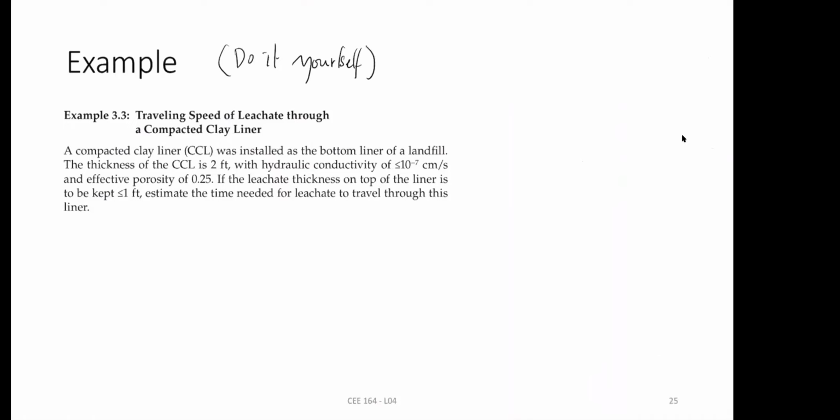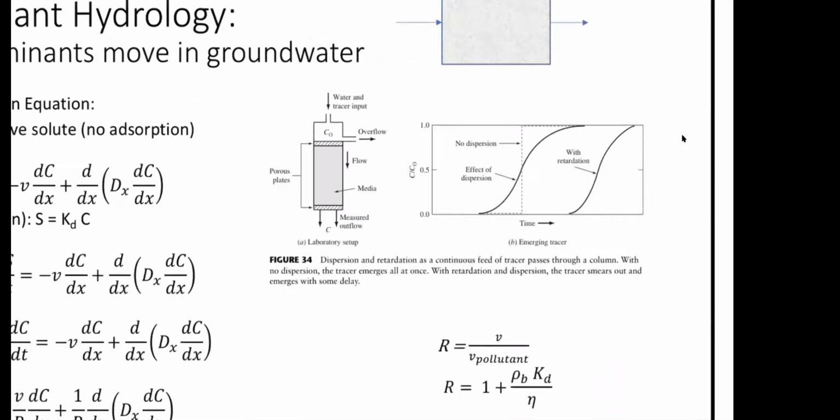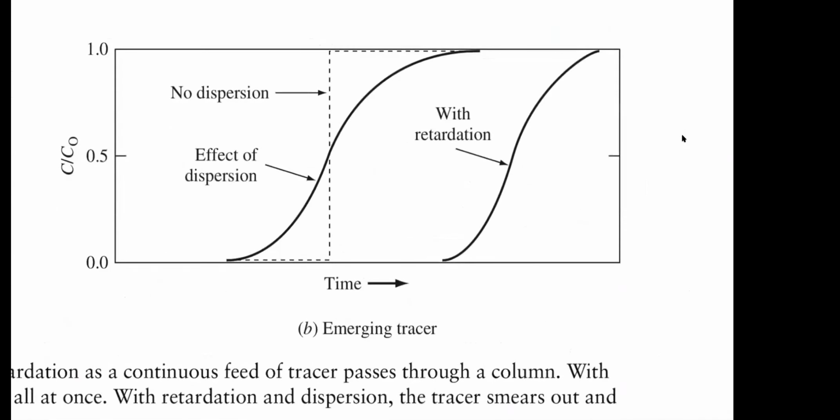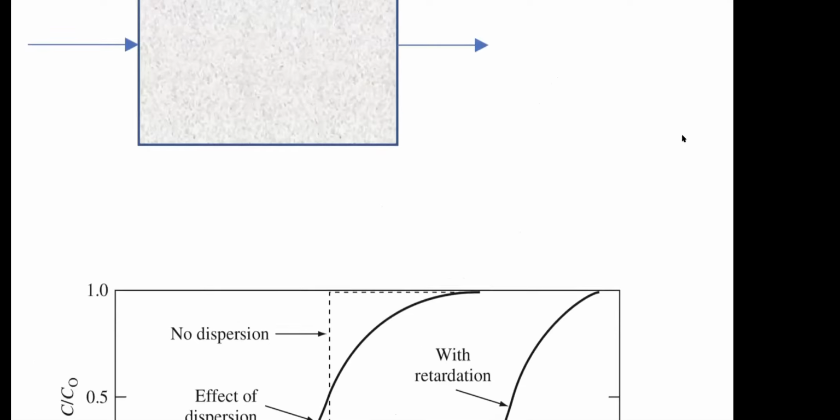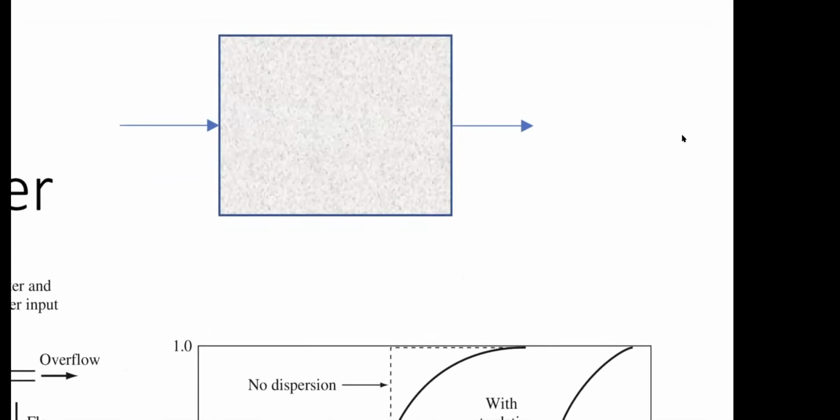The last one we are going to learn is when you account for the adsorption. So I want to show how it works. Think of it this way. If you have a pollutant, imagine this box. If you start injecting a pollutant, this is time and this is concentration, let's say at time 0 you start injecting, and as time progresses that concentration increases.